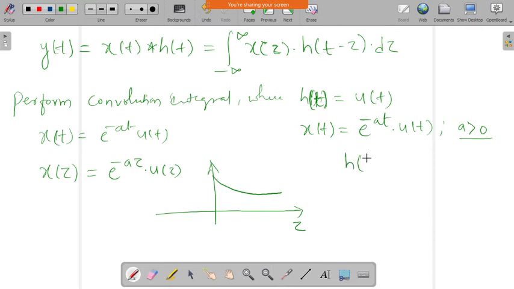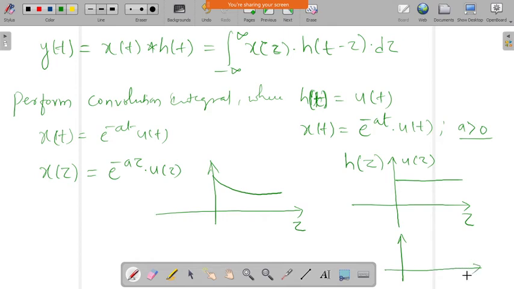Now we need to find out what h of t minus tau is. For that, first I need to convert h of t into h of tau. This is u of t, it is nothing but u of tau. Now I need to shift the signal by an amount t, and reflect it. This we can write as h of t minus tau, I can write it as h of minus tau plus t.